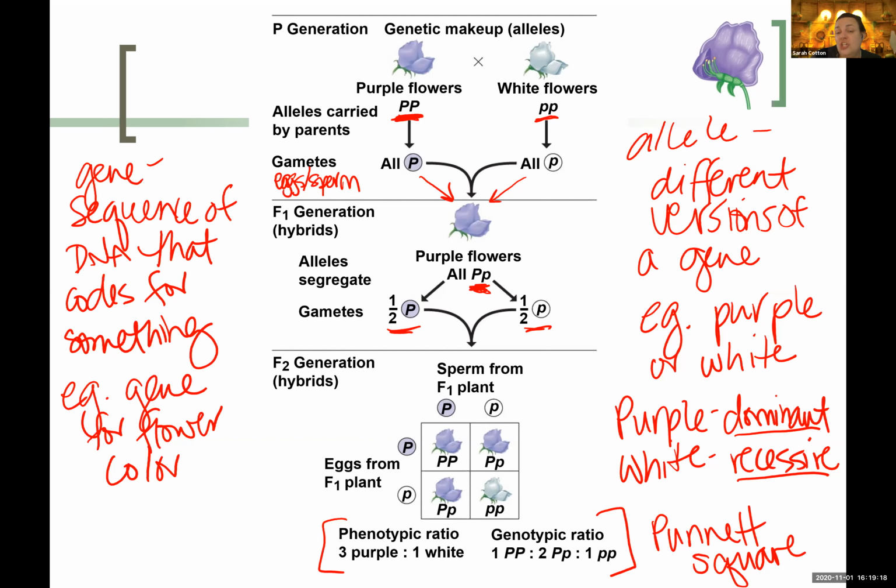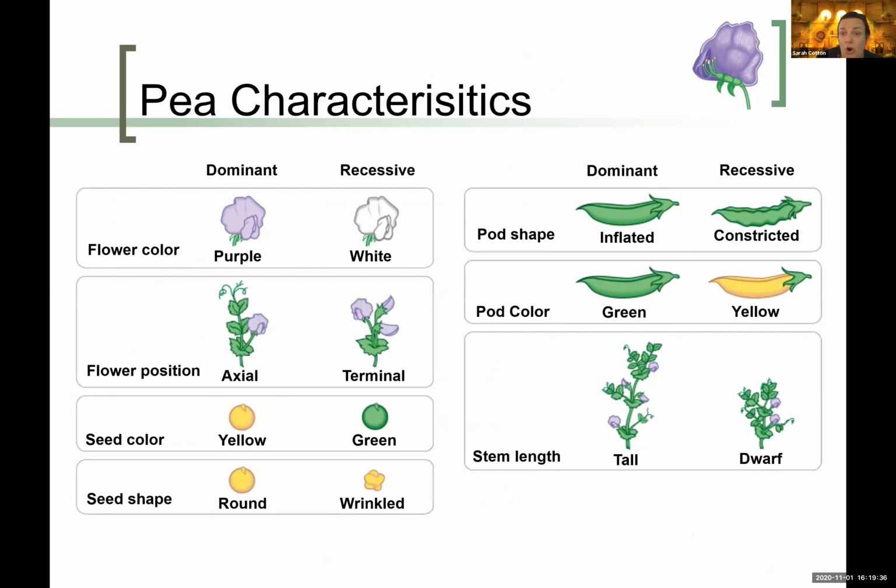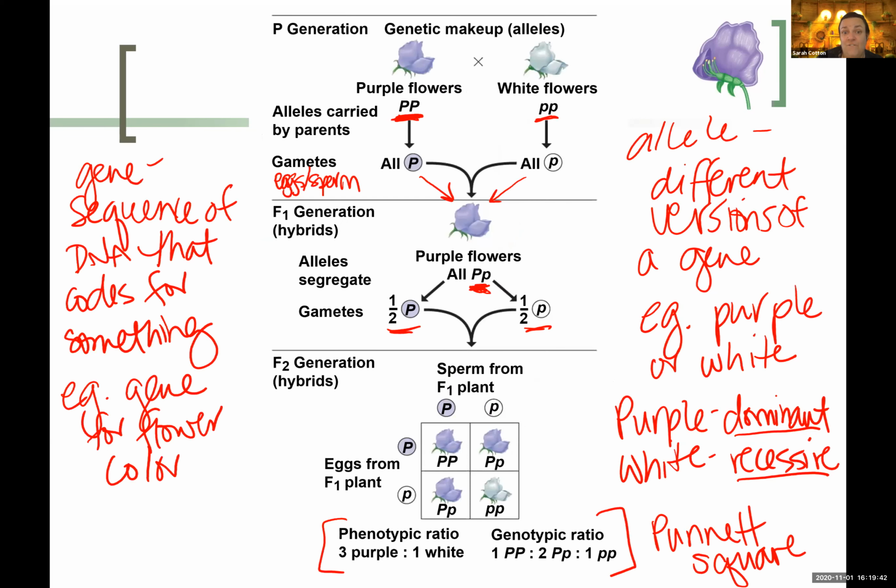Okay, so the genotypic ratio is 1 homozygous dominant to 2 heterozygous to 1 homozygous recessive. Okay, so that's the genotypic ratio.